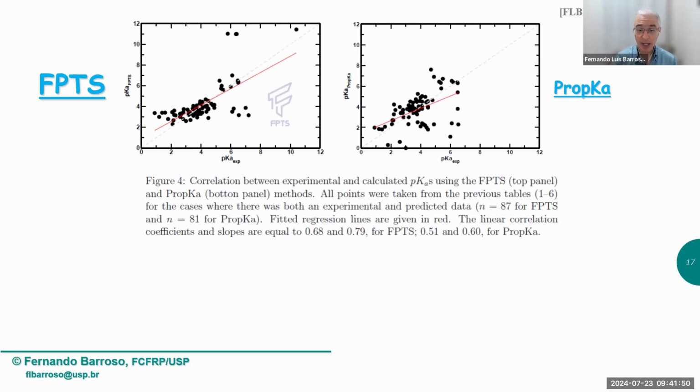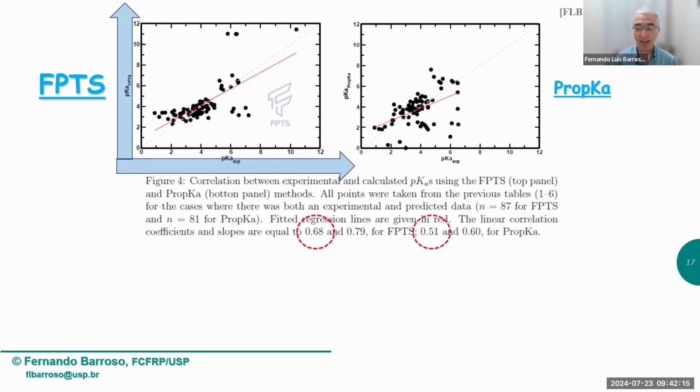So this gives you a comparison of how fast you can go with an approach that does not incorporate all the physical features, because you don't specify, for instance, the salt concentration in PropKa, and in FPTS you can. In this case, if I compare the experimental data with the theoretical results, we have a very nice correlation compared to what you can get from PropKa. It's slightly better.